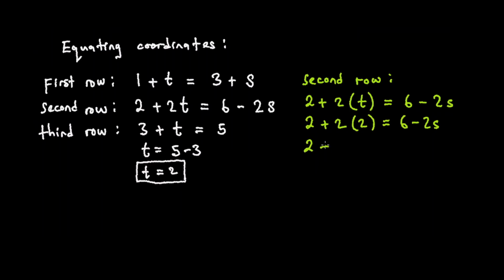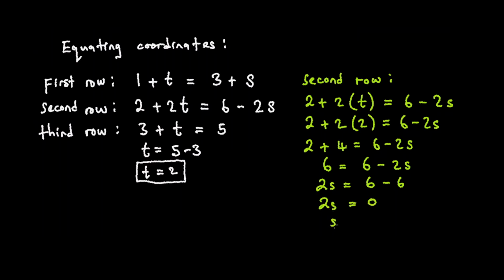So this is 2 plus 4 which is equal to 6 minus 2s. So 6 is equal to 6 minus 2s. Minus 2s moves here, 6 goes there, like this. Since you have 2s is equal to 0, s should be equal to 0.